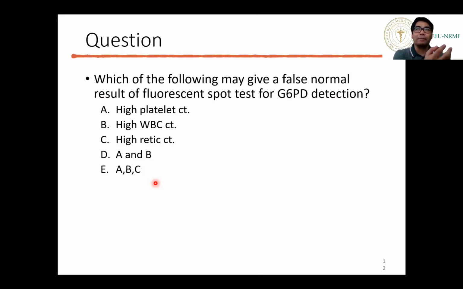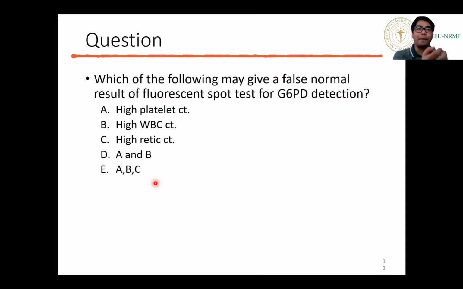That's why when the hematocrit is more than 52%, you have to reduce the volume of blood used for that test. If the hematocrit is too low, you have to double the specimen's required volume.